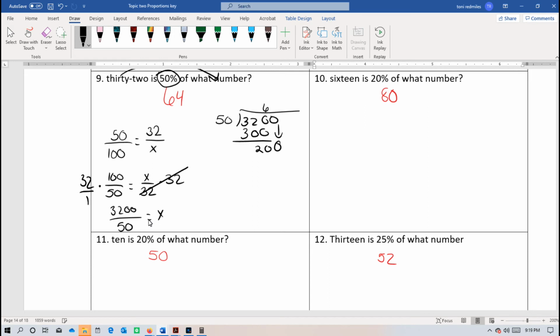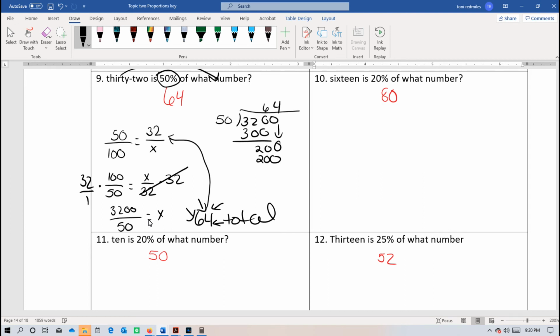And this is going to be 4 because 4 times 50 is 200. So the whole amount was 64, which makes sense. Look at this. If this is 50%, well, half of 64 is 32. This has to be the total. Okay? This one right here has to be the total.